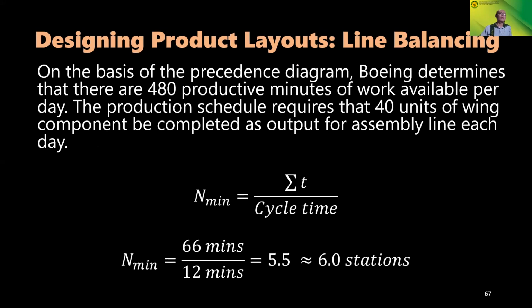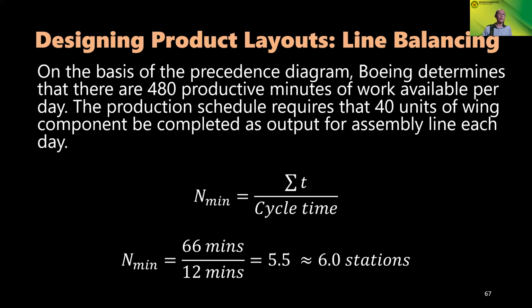To continue with the Boeing example, our theoretical minimum number of workstations is computed by dividing 66 minutes by 12 minutes. 66 minutes, if you recall, is the total task time, and 12 minutes is the cycle time, which we computed in the previous step. This will give us 5.5 stations, but this is not possible.